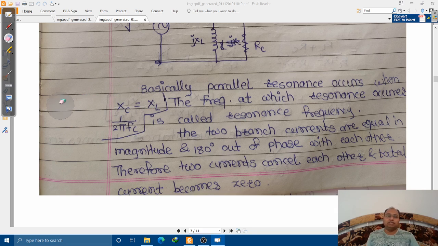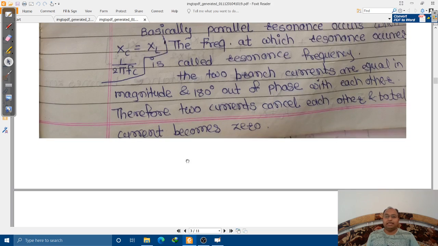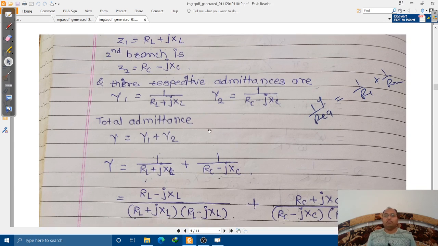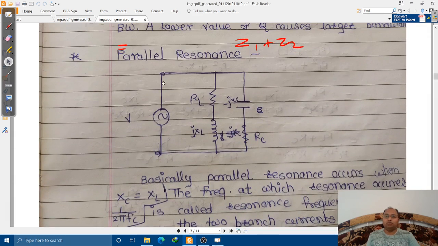Okay, so let us derive the equation to calculate the resonant frequency of a parallel resonant circuit. Over here we discussed that if the series resistance is there, then we can directly take Z1 plus Z2. But as we have taken the parallel combination of these two, let us say this is my Z1 and this is my Z2.